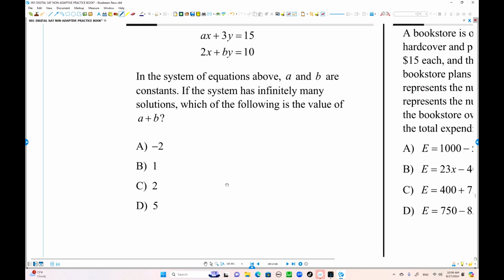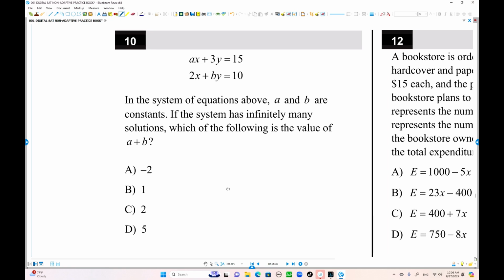Here we go, number 10. In the system of equations above, A and B are constants. The system has infinitely many solutions. What is the value of A plus B? Where is A plus B? Here and here. This is the keyword: infinite solutions. That means these two lines overlap or are coincident.